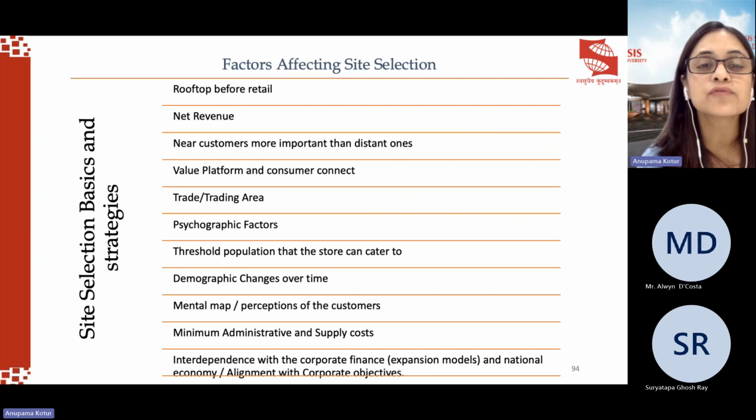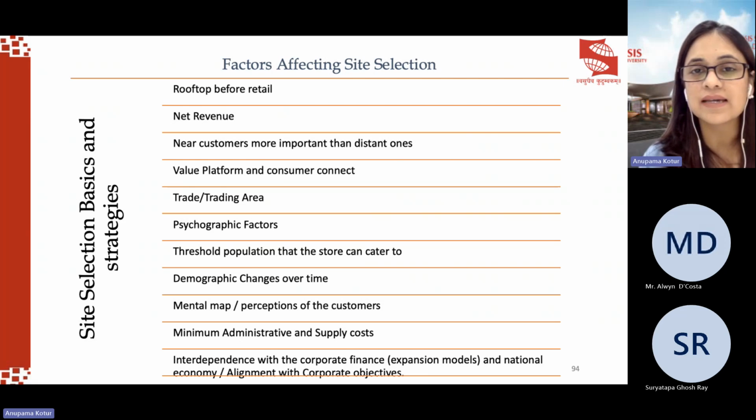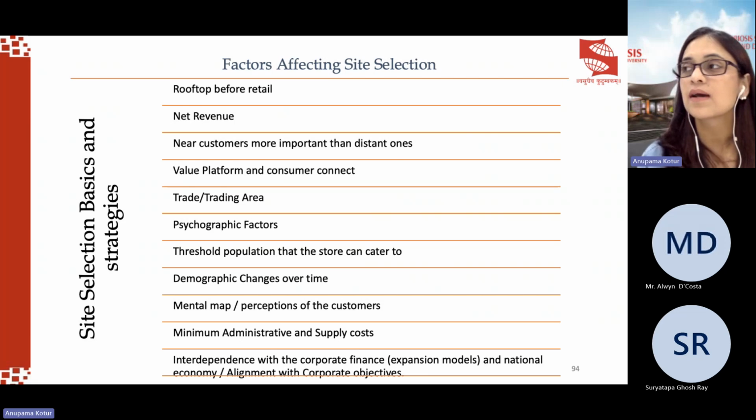Now, when I say rooftop before retail, this is an outlook that a retailer usually adopts, where he or she is saying that, hey, you know what, while a very fancy location is great, does this location assure me of continuous sales?